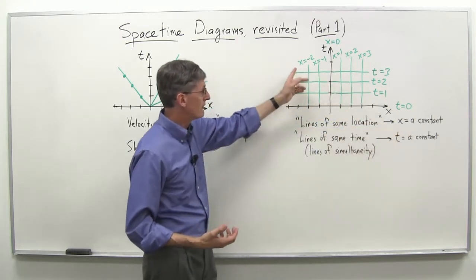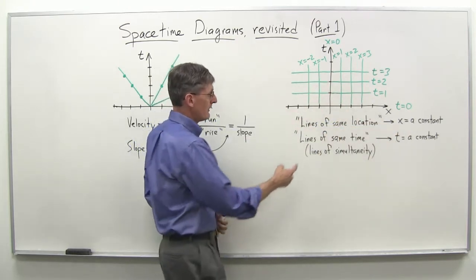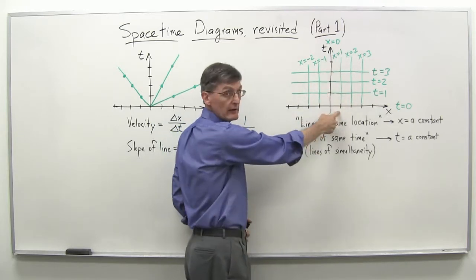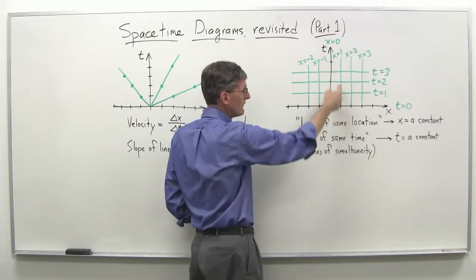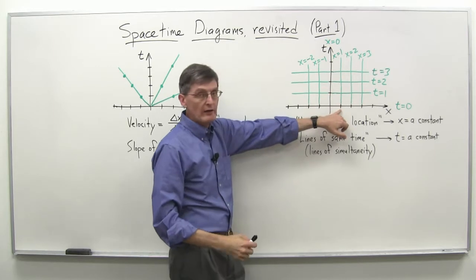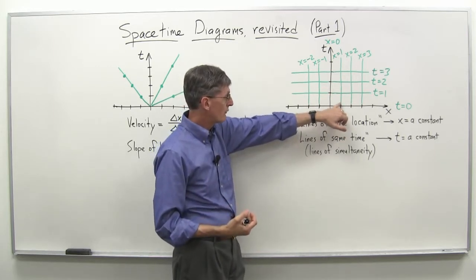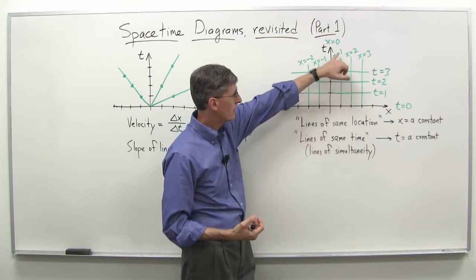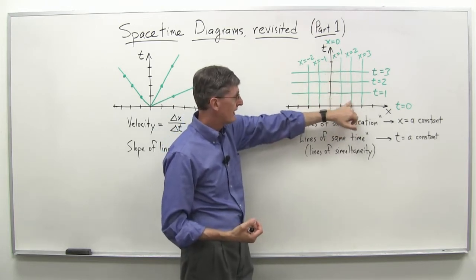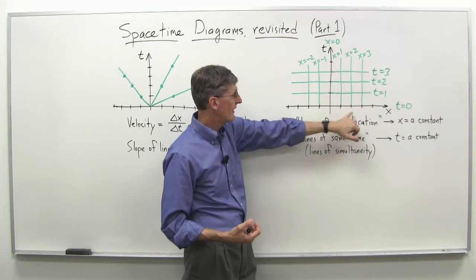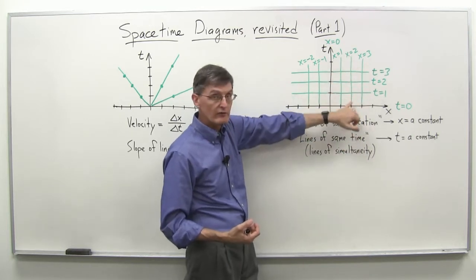In other words, and I've drawn in green here several of them, this is the x equals 1 line. And remember what that means. If this is the world line of an object in space and time, it means it's just sitting there at the x equals 1 position. As time goes on, it's always at the x equals 1 position. This one's always at the x equals 2 position. So this is the line of same location for x equals 2.